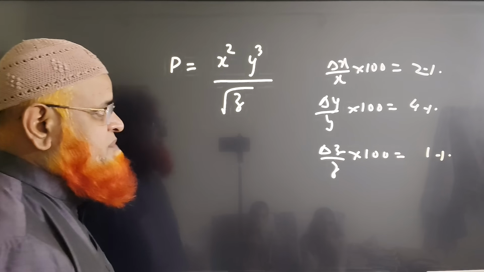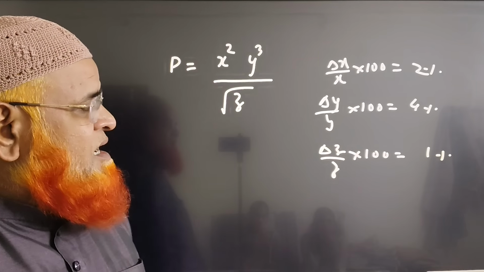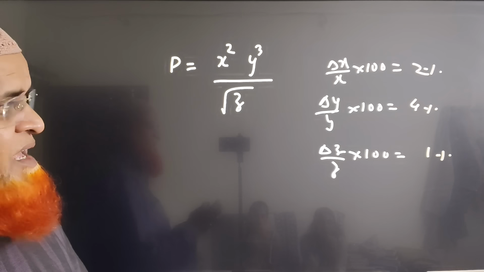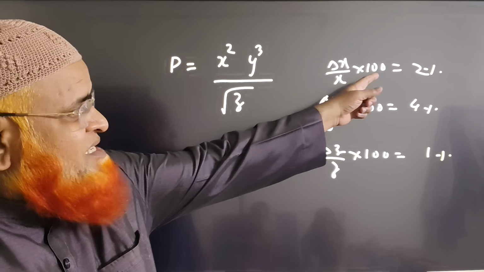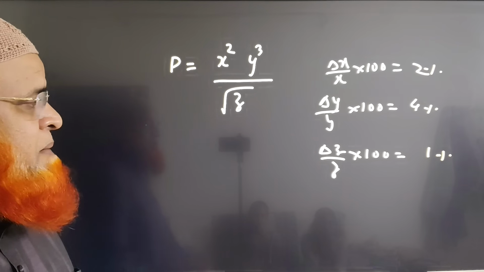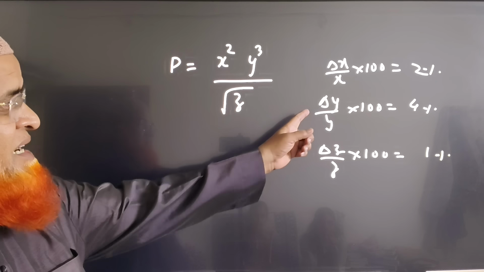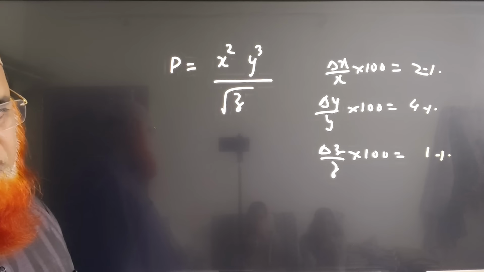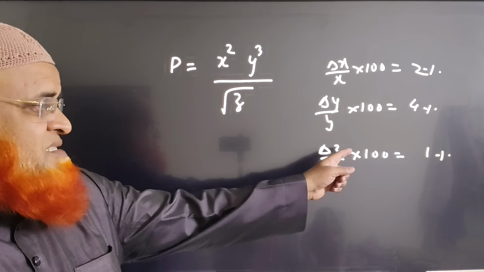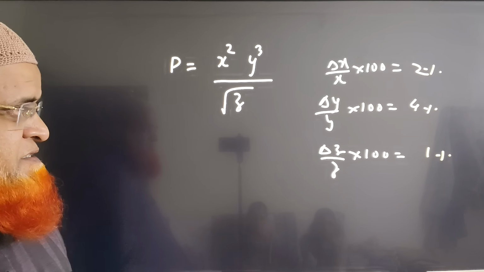It is given like this. So what is the meaning of percentage error in x? That's nothing but delta x by x into 100 is equal to 2%. Percentage error in y means delta y by y into 100 is equal to 4%. Like delta z by z into 100 is equal to 1%. It is given like this.